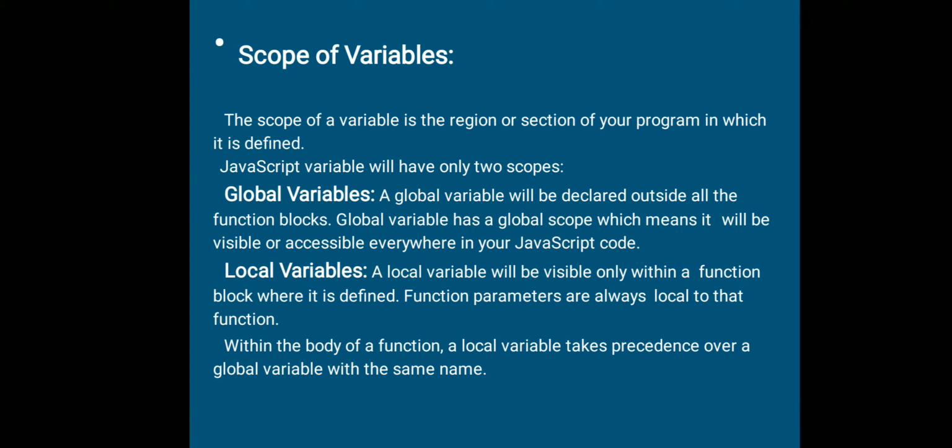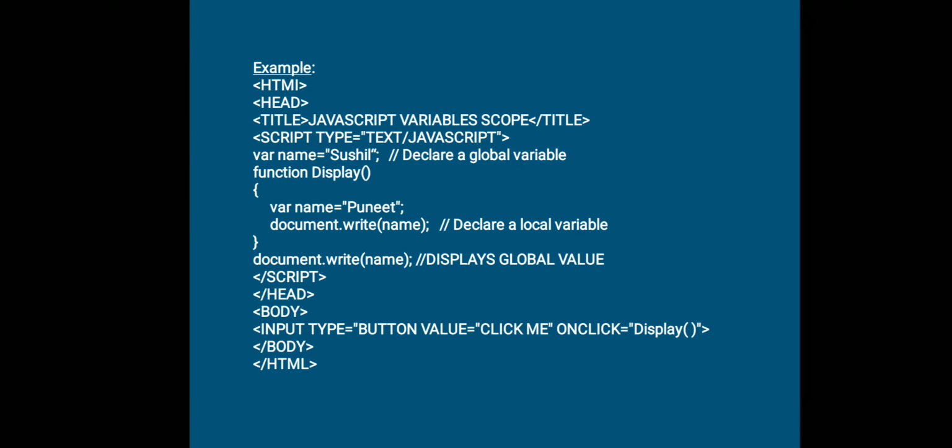throughout the JavaScript code. For example, in this example, name is a variable I have taken, and you can see name is declared twice, once in the global section and second within a display function. The global value of name is Sushil, and the local value of name is Puneet. I've used the document.write method, which is used to display output.